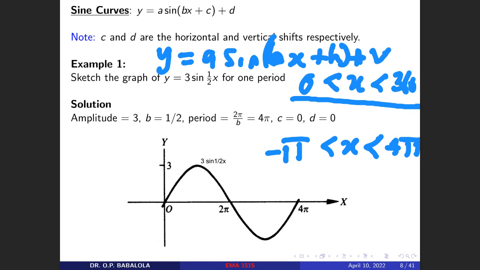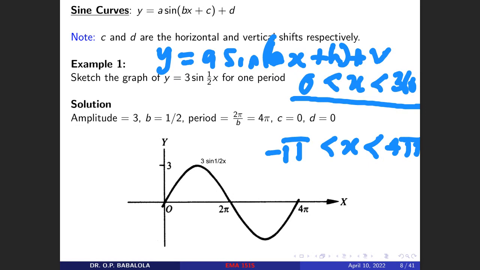I'm just writing it out, don't mind the representation. And here now, our B is equal to half, as we can see. We have not added any horizontal shift, and we don't have any vertical shift in this equation.